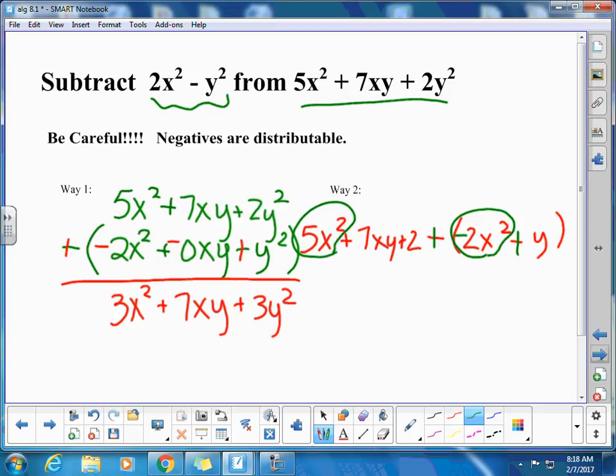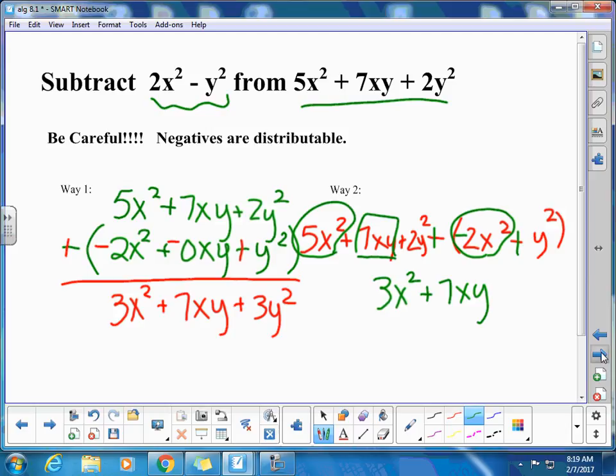So 5x squared minus 2x squared is 3x squared. 7xy doesn't have anything to combine with, so 7xy. I see I wrote this wrong. All right, let's look up above again. 5x squared plus 7xy plus 2y squared. And then the other one was 2x squared minus y squared. So I went back and fixed it. Sorry that I totally messed up writing that.